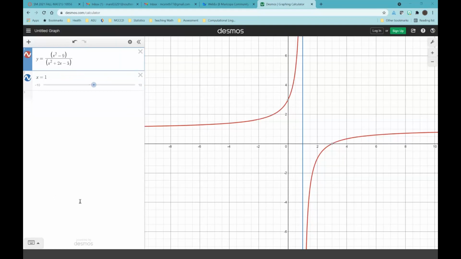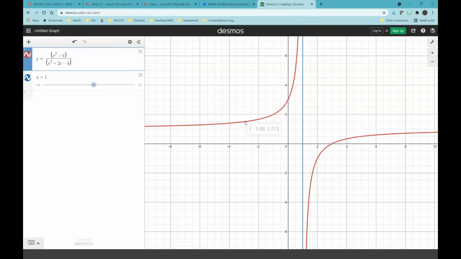Output y value is close to 1.5 on either side of the hole at x equals -3. Okay, again, I'm trying to make sure everybody gets this concept of a limit. Right at -3, there's a hole, so it's undefined.